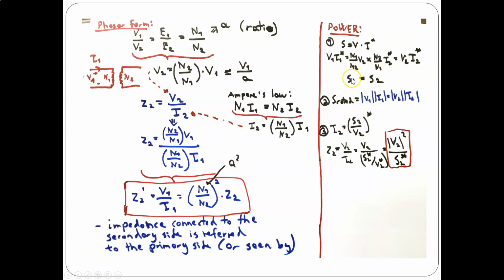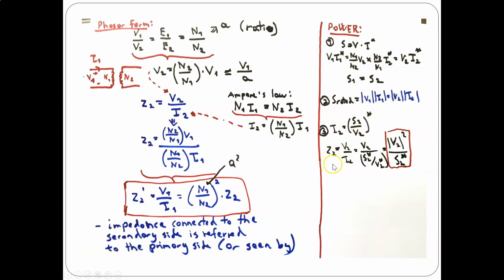The power on the primary side is equal to the secondary side. You can also write it in this fashion where S rated is equal to V1 and the rated current, and then of course the magnitude of those is equal to the magnitude on the secondary side. You could also write it as the current being equal to S divided by the voltage in conjugated form.